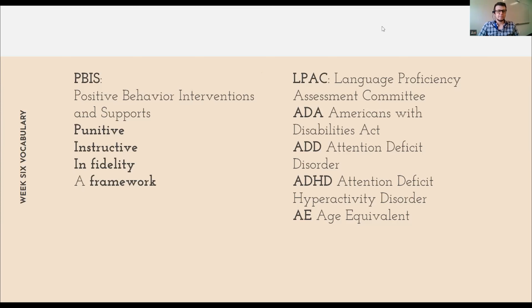All right. And a framework, you might hear this term bandied about a little bit when we talk about PBIS, because PBIS itself is a framework. It's sort of the groundwork or the basis, you could say, for intervening with students, for dealing with behavior, towards remediating, ameliorating behavior.